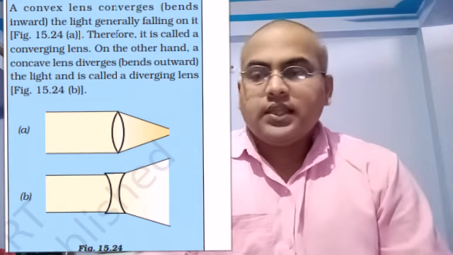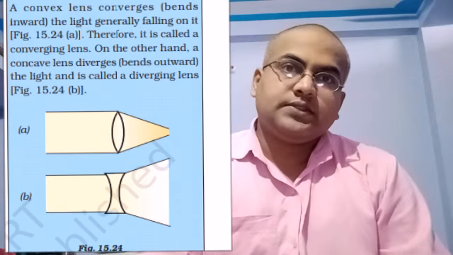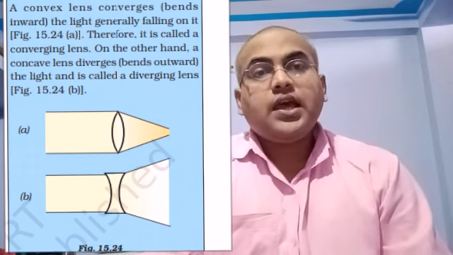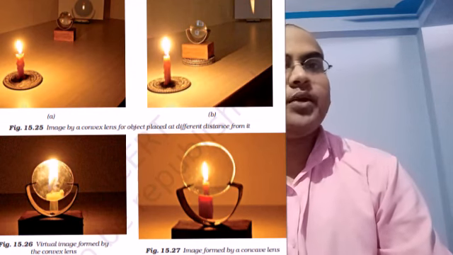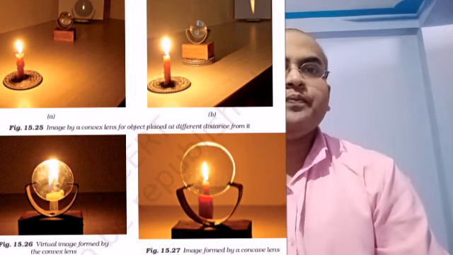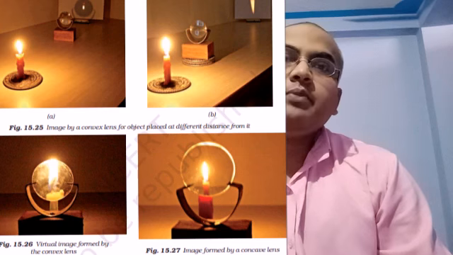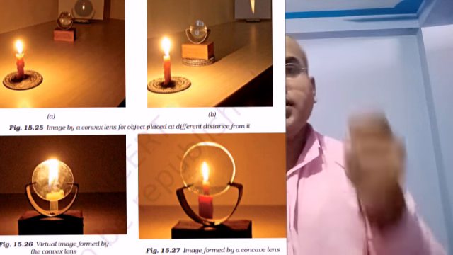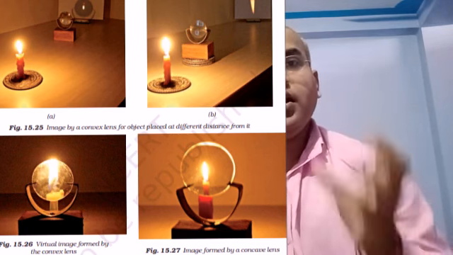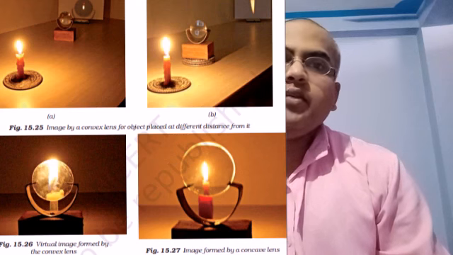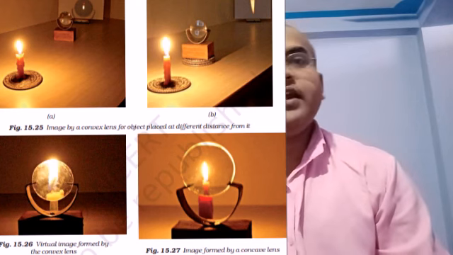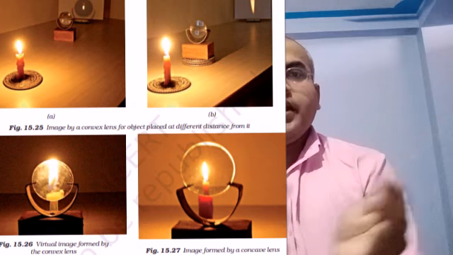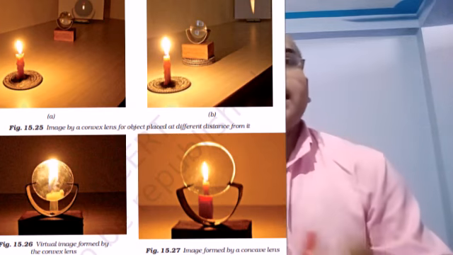So here the convex lens converges all the light towards a point. That is, in activity 15.9 we observed that when we were using a magnifying glass and trying to get a real image of the sun on a screen, all the rays converged at one point.